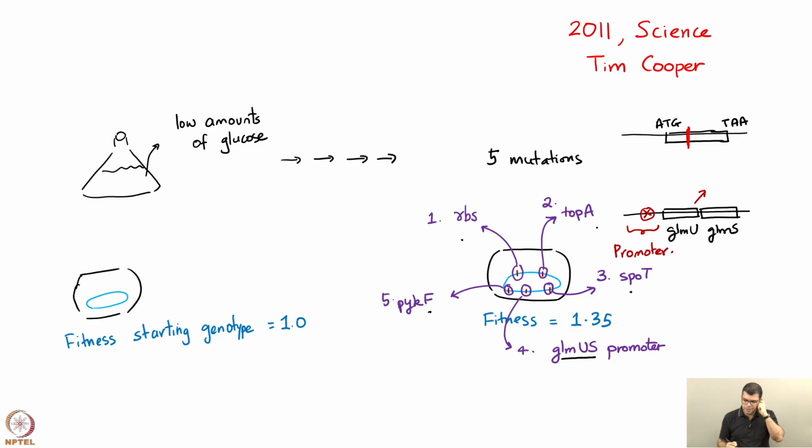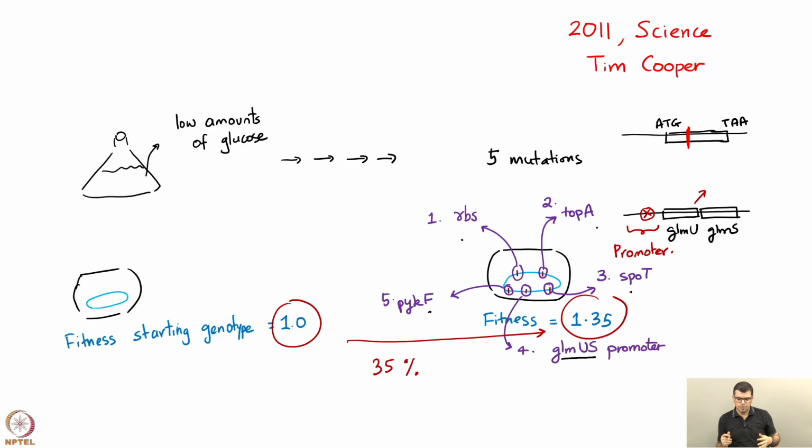So, these are the 5 mutations that happened, leading to a change of fitness from 1 to 1.35, a 35% increase. What we should also note is that a 35% increase is facilitated by acquisition of 5 mutations, which means that each beneficial mutation confers roughly a 7% advantage.